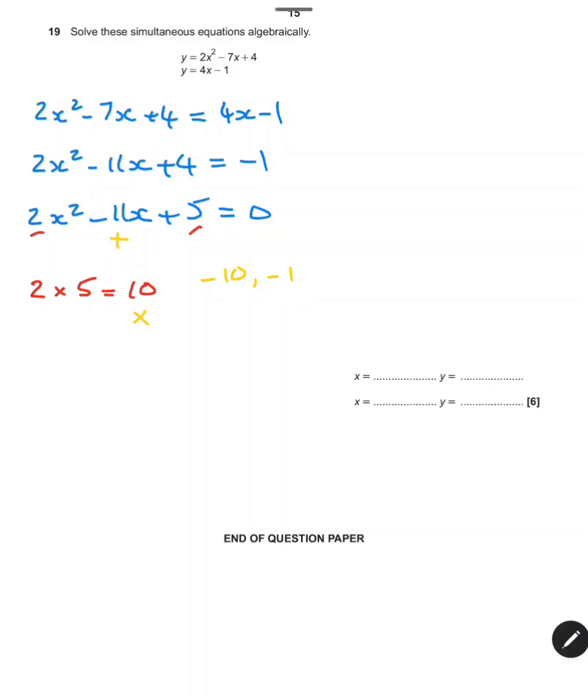I'm going to use these two terms to rewrite this. So we get 2x² minus 10x minus 1x plus 5. These two terms come from these two numbers. 2x² is just the original 2x². The 5 is just the original 5.